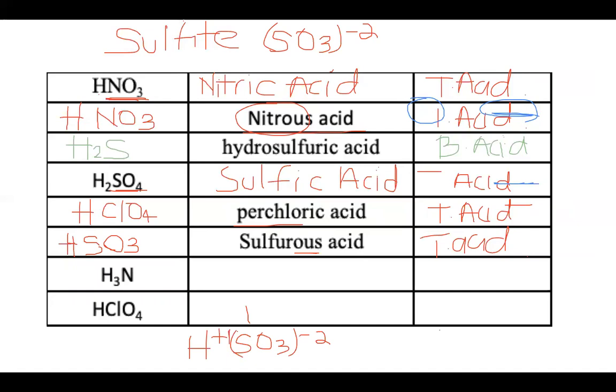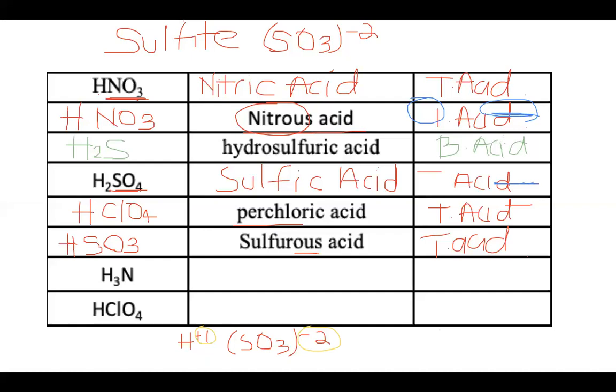Let me just write it once again: H +1 and then SO3. Once again, this +1, if I add it to this -2, the sum of my charges is not equal to 0.